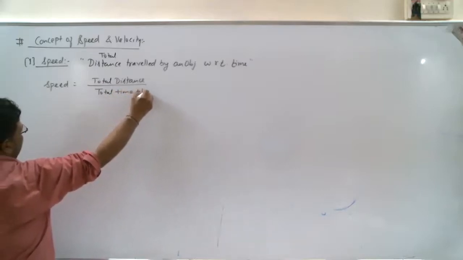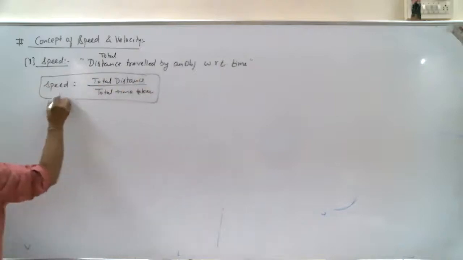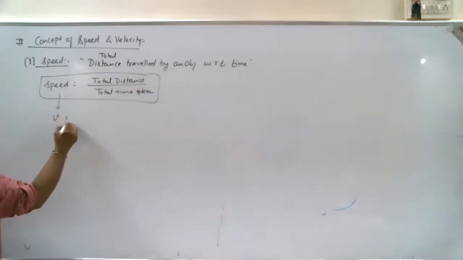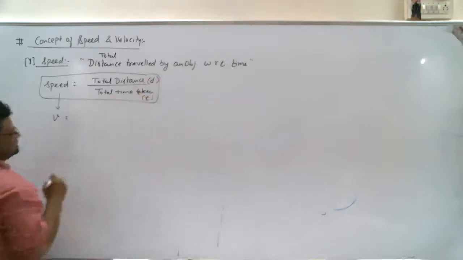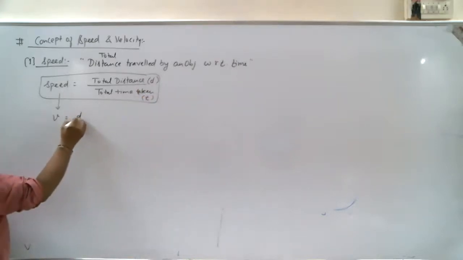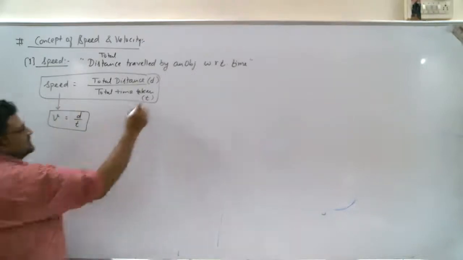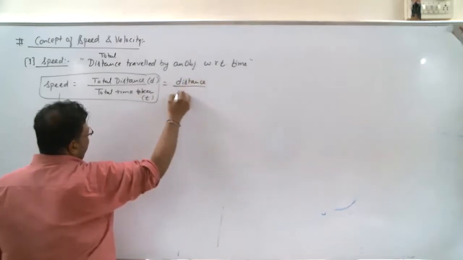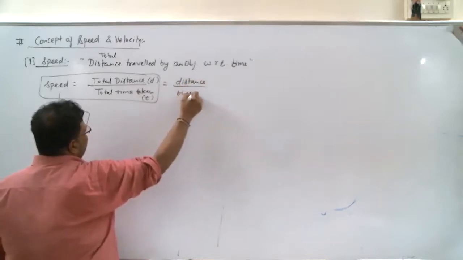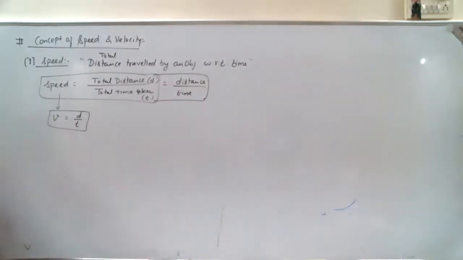Speed is generally represented by the symbol v, small v, and distance by small d or x, and time by t. So in general we get the formula speed is equal to distance upon time. Simply you can also write distance upon time, the formula which you have studied since your childhood. Distance upon time, v is equal to d by t.